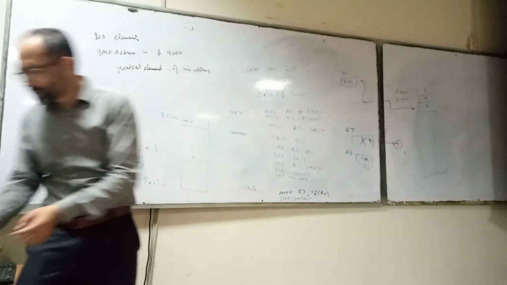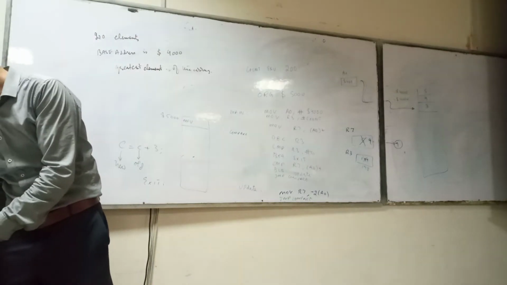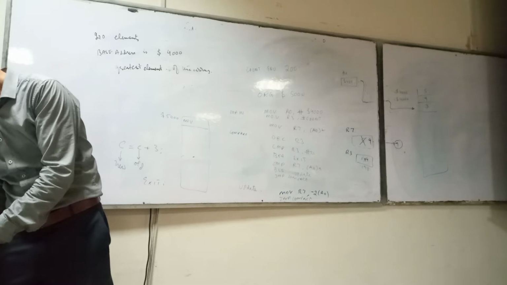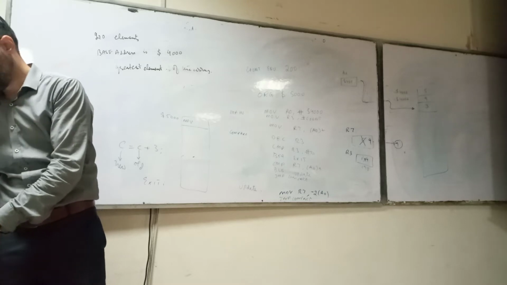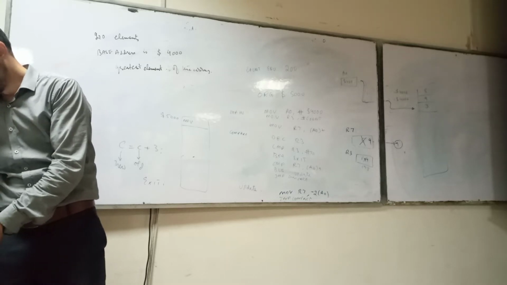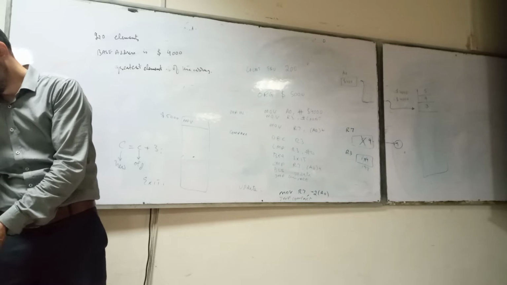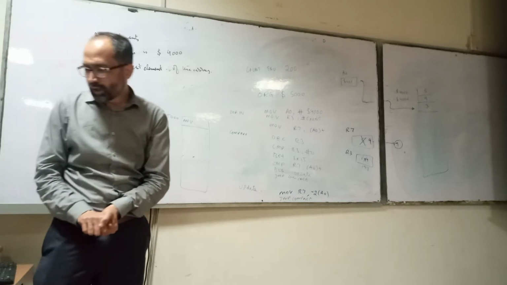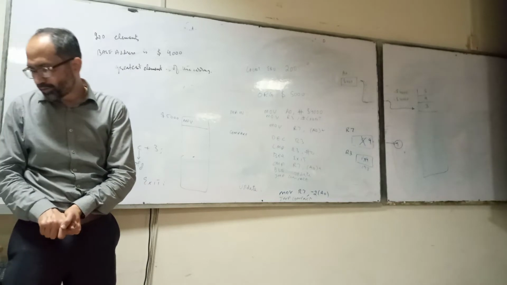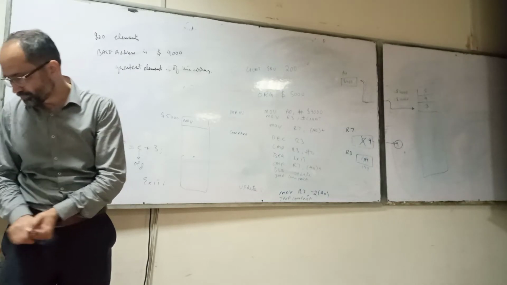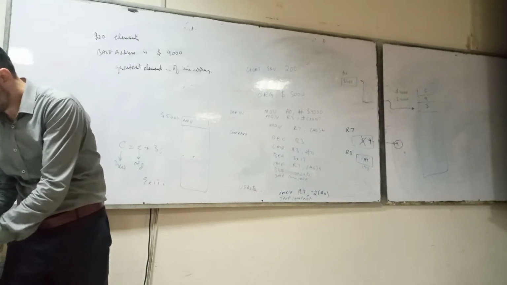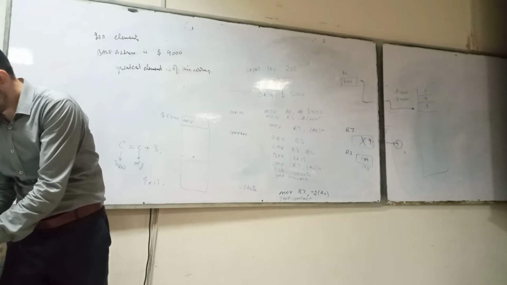Okay, now the question: how can we pass different arguments to a function G? How can you pass different arguments to a function G? Any clue?